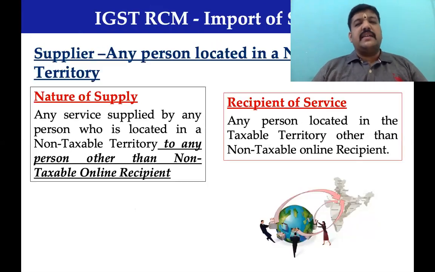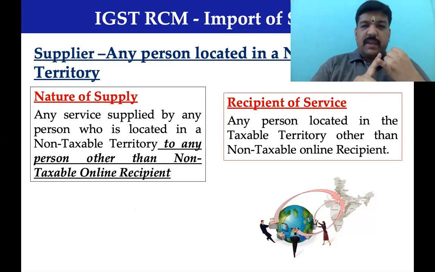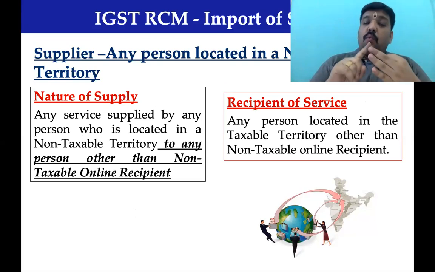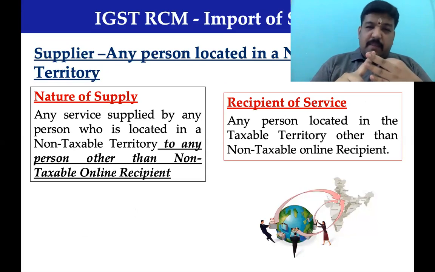Why only IGST? I believe we can all instantly appreciate the fact that in case of import of goods or import of service, it would be considered as an intrastate supply, interstate supply, only intrastate supply, only interstate supply.